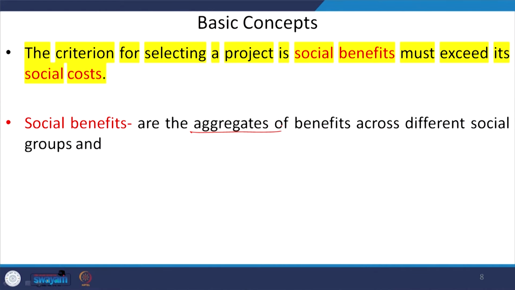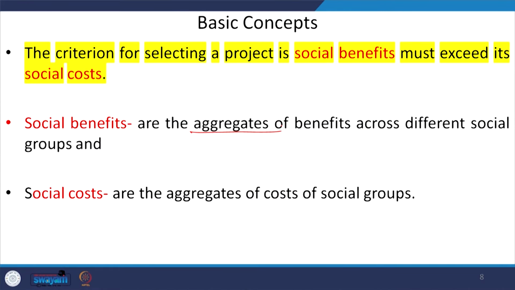If we have n number of individuals, we aggregate the benefits of the first person, second person, up to the nth person, which gives the picture of social benefit. So, we follow this aggregation rule for getting the social benefit. And likewise, for social cost we also take into account the aggregate costs to the society.